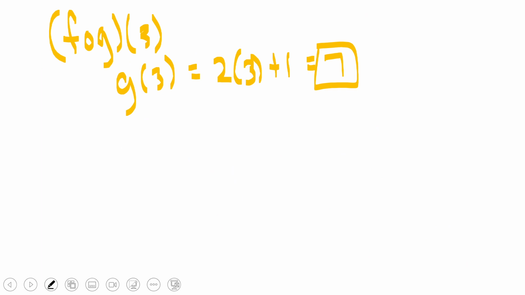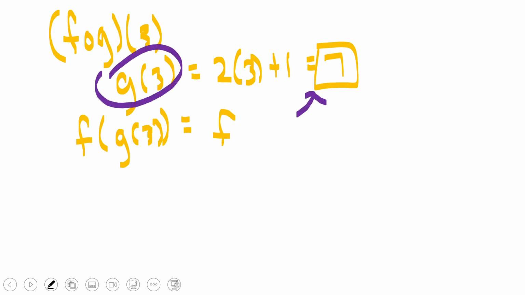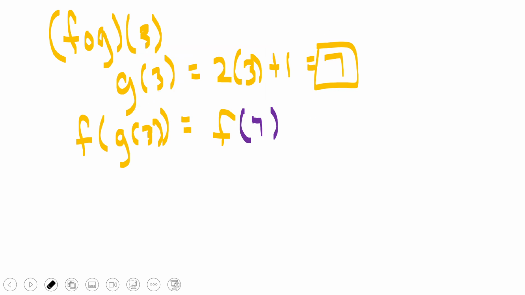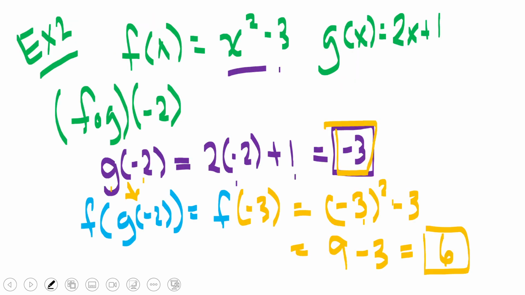Okay, so now we're going to say f g of 3 equals f of 7, because this 7 renames g of 3. So we're just plugging it in right here. That's where it comes from. We solved for it already. Okay, so in the function of f right here, we're going to plug a 7 in everywhere we see an x.